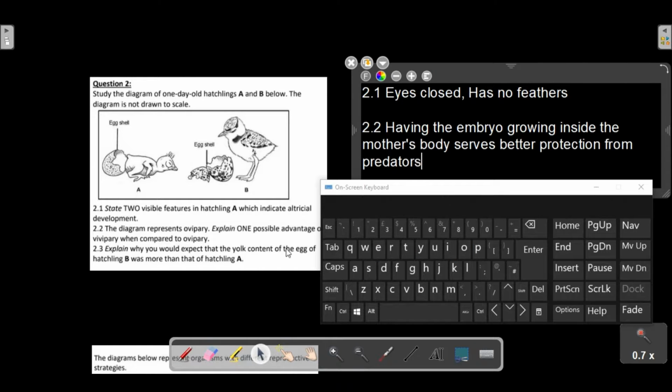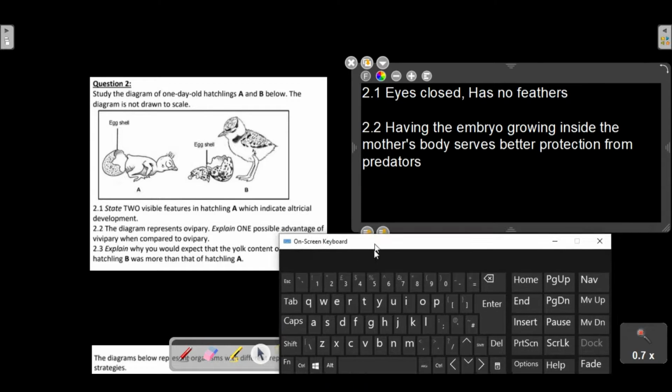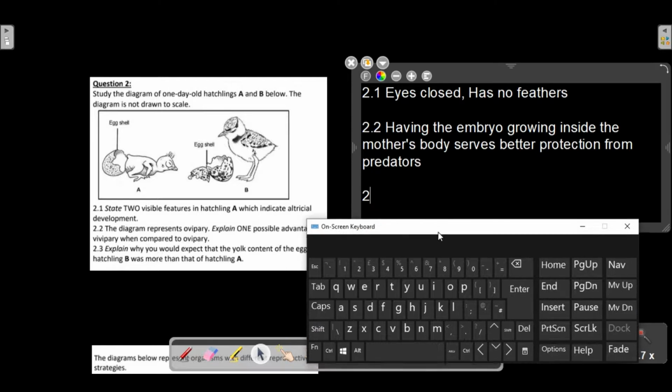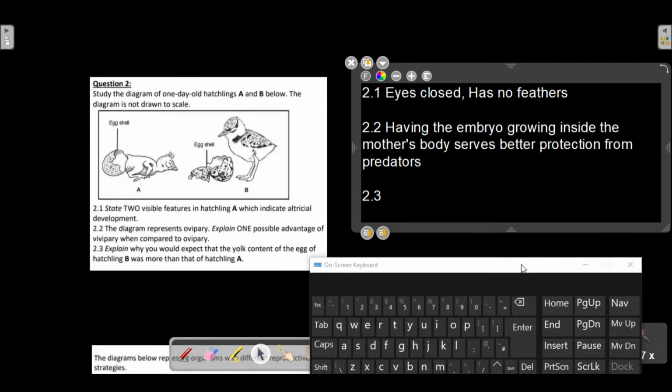Because when it comes to oviparous animals, that egg is vulnerable. It's outside the female's body. It can break. It can be eaten by predators. So it's very much more vulnerable compared to viviparous animals, in which the embryo grows inside the female's body.